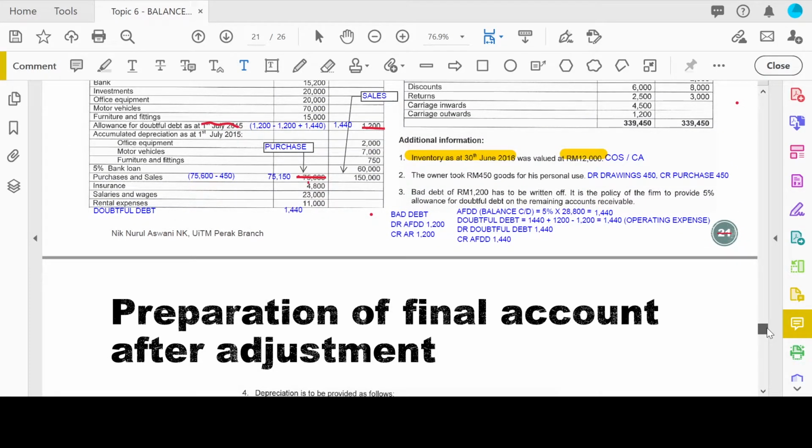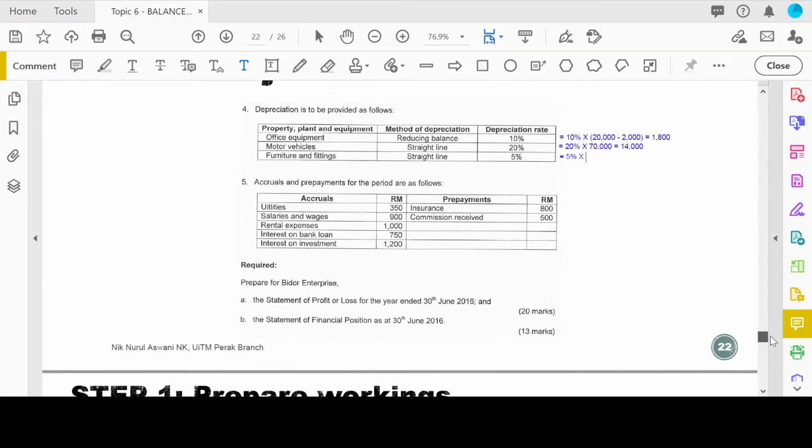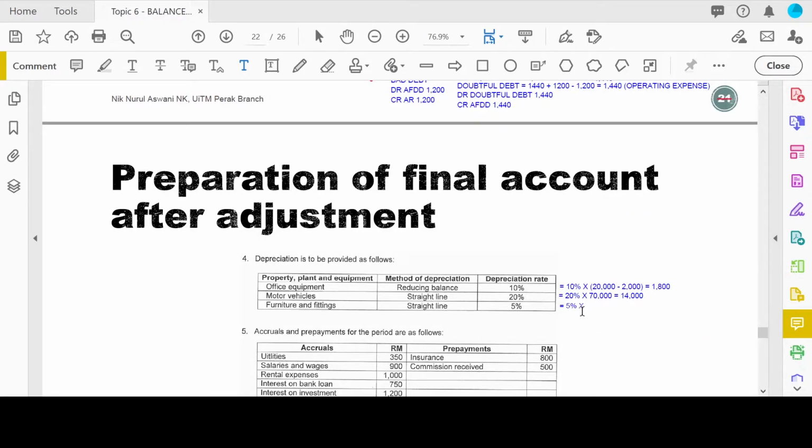No, furniture and fitting is 15,000. Sorry. So equal to 750. So that would be your adjustment for depreciation.